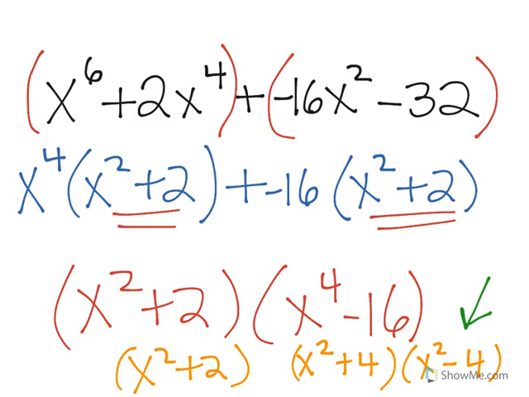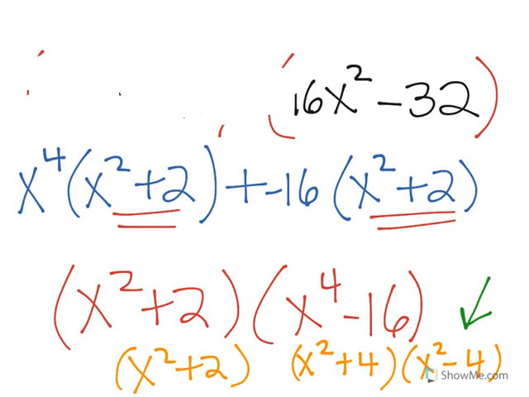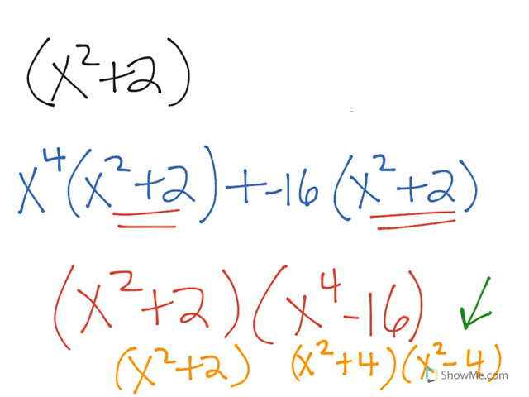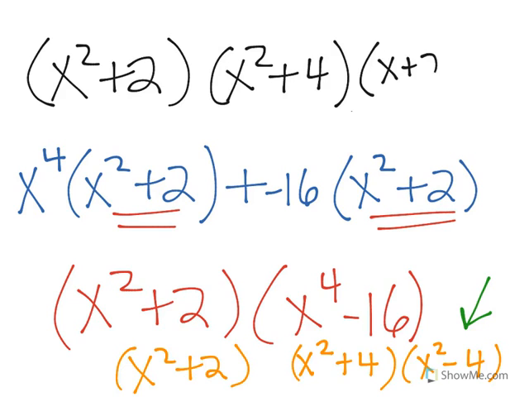I'm going to erase from the top so that we can keep everything on the same page. My final answer is going to be x squared plus 2. You can't factor this down anymore. It's not the difference of 2 squares. 2 is not a perfect square, and it's not a difference. Same thing with this one, 4 and a plus. And then over here, you're going to have x plus 2, x minus 2. So this is our final answer.